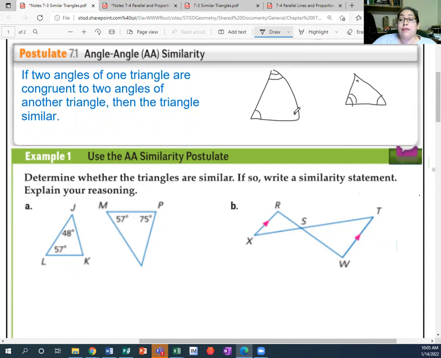And then from last time, when we were working with similar polygons, we noticed that one of the things we had to do to prove that the polygons were similar was to have all of their angles congruent.